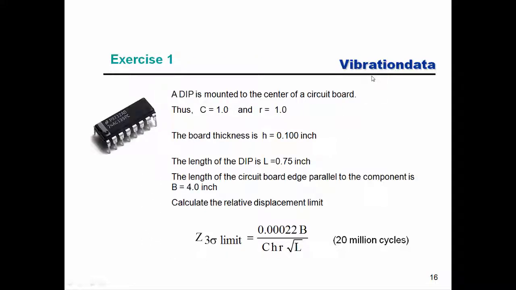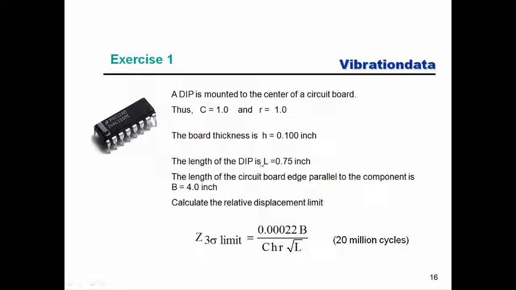Okay, so we're going to take an example. So here's this ridiculously obsolete dual inline package, and we're going to say that since it's a dual inline package, C is equal to 1. That's the piece part coefficient. It's mounted at the center of the board, so we'll say R is equal to 1.0. The circuit board thickness is 1/10 of an inch.